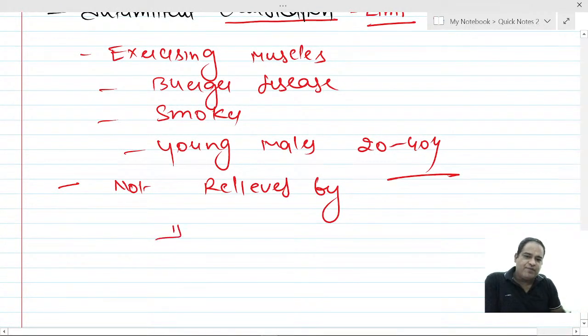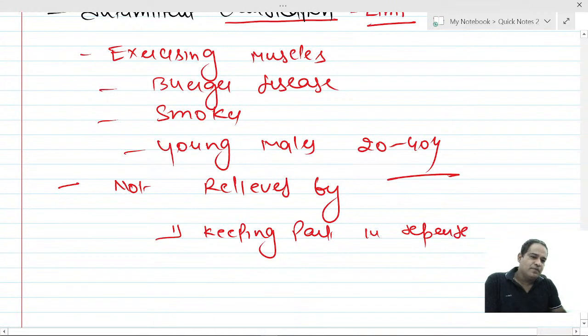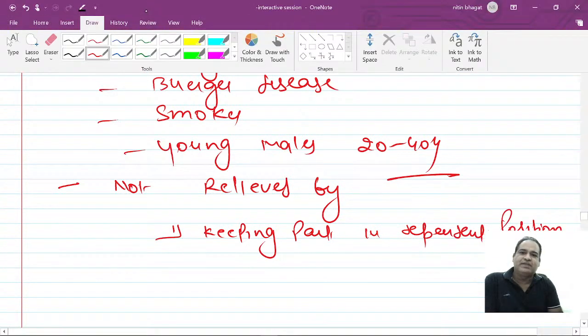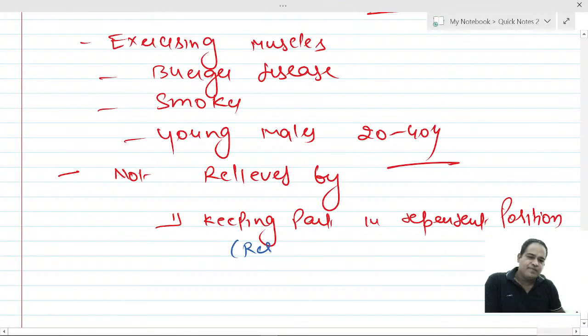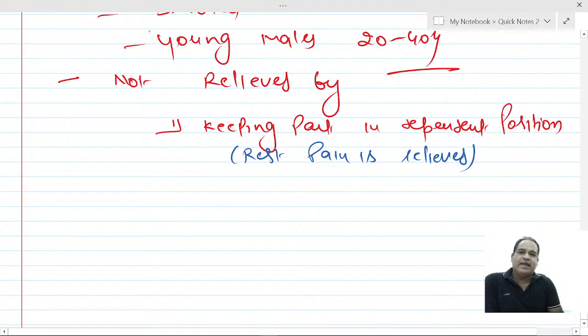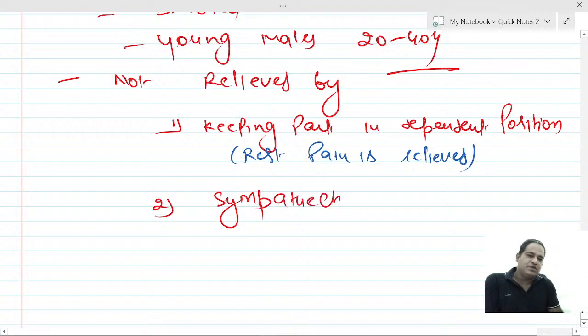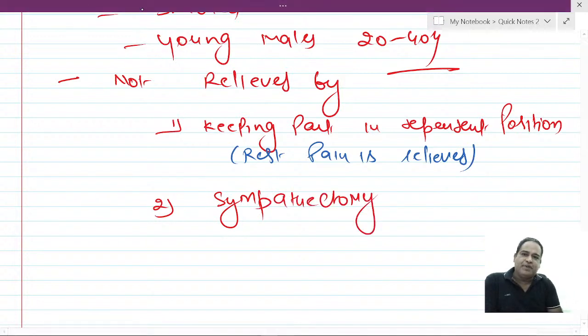This is not relieved by, first, keeping the part in a dependent position. If you let the limb hang, rest pain will be relieved, but not this. Second, this is not relieved by sympathectomy.